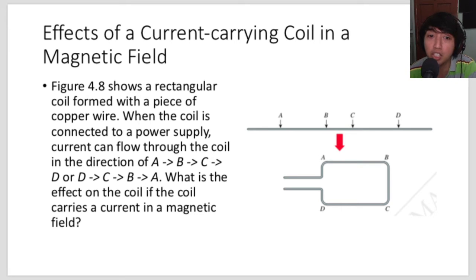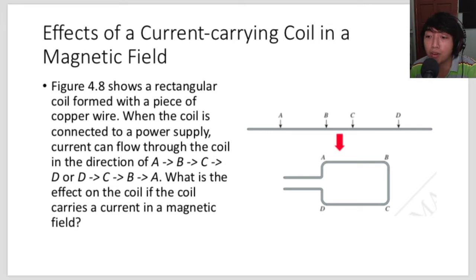So figure 4.8 shows a rectangular coil formed by a piece of copper wire. When the coil is connected to a power supply, the current can flow through the coil. It can go either from A, B, C, D, or from D, C, B, A, depending on how you connect it to the electricity. So what is the effect on a coil if the coil carries a current in a magnetic field?